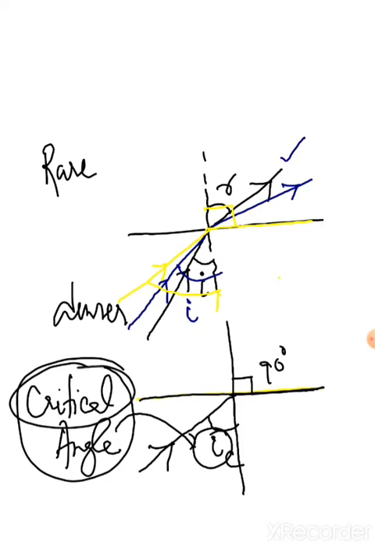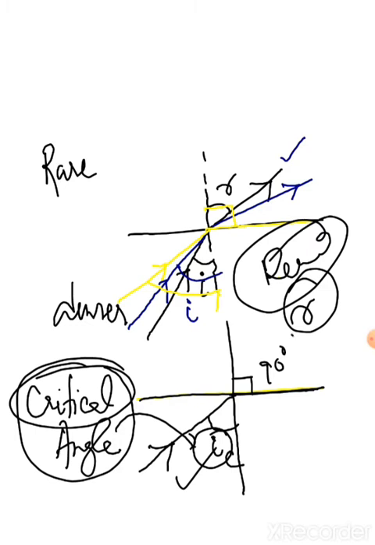That is critical angle. Why? Because for this particular angle of incidence, the angle of refraction in the rarer medium is 90 degree. It means the refracted ray passes along the surface which is separating the two media.